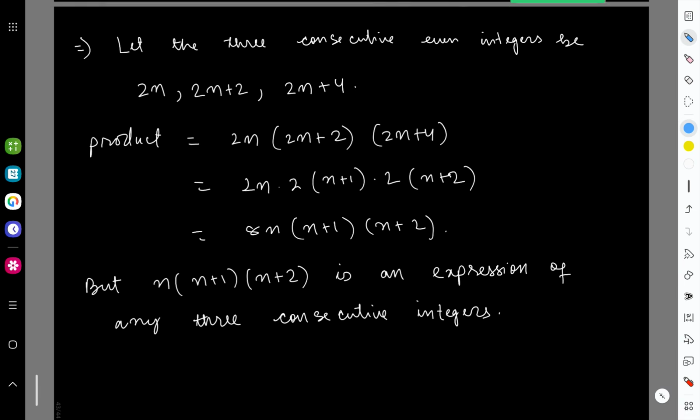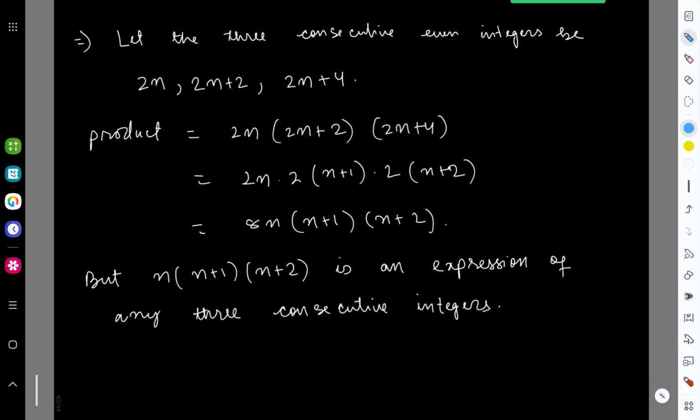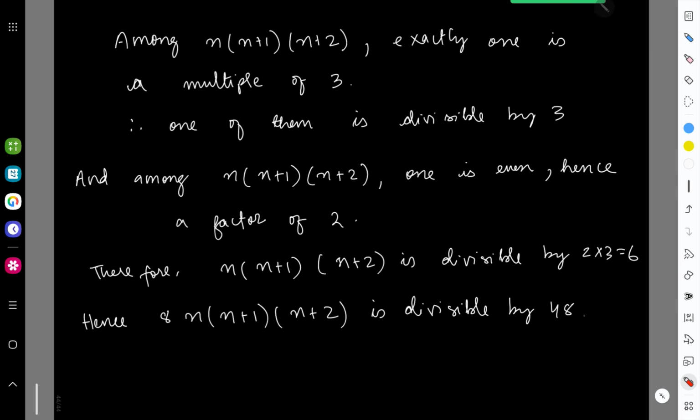Let us look at the proper answer. Let the three consecutive even integers be 2n, 2n plus 2, 2n plus 4. Product: I've taken 2 common, 2 common. We're left with this expression. But n plus 1 is an expression of any three consecutive integers. Among n, n plus 1 and n plus 2, exactly 1 is a multiple of 3.